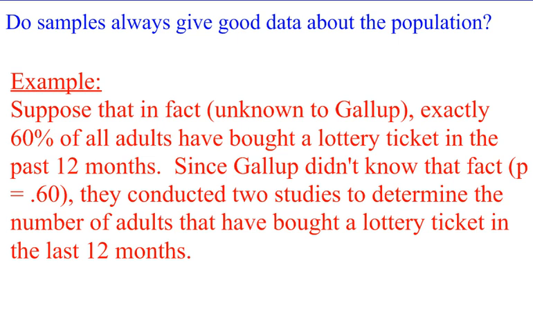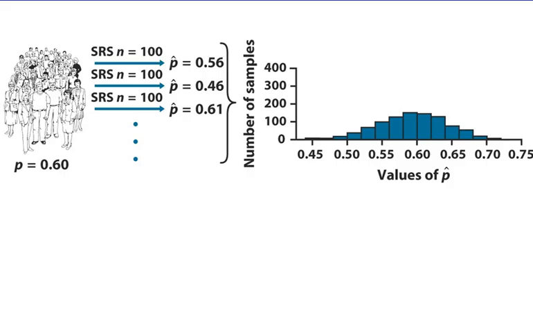They did a simple random sample, SRS, of 100 people, where n is the number of people surveyed. In the first survey, they found 56% bought lottery tickets. In another simple random sample of 100 people, they found 46%, and in another, 61%.